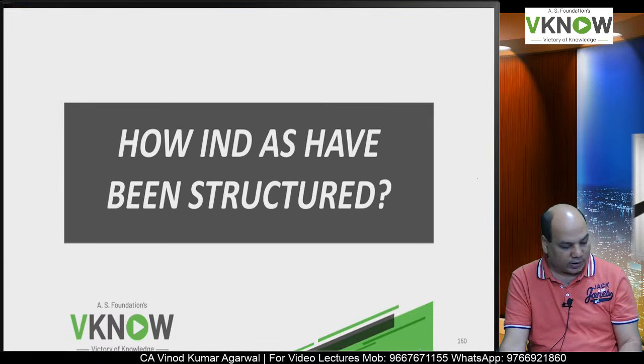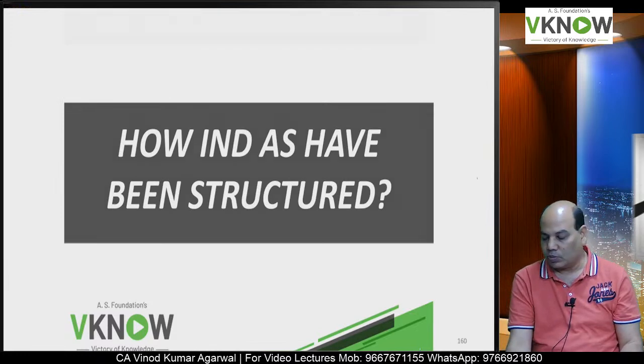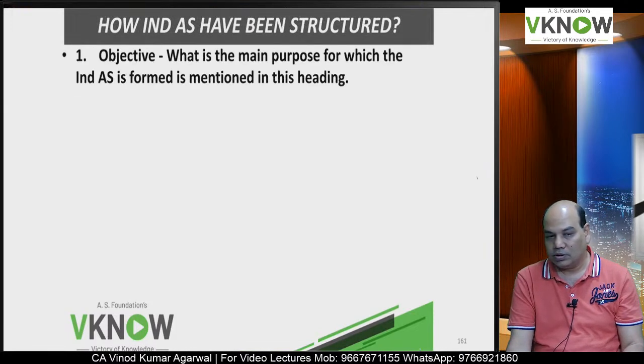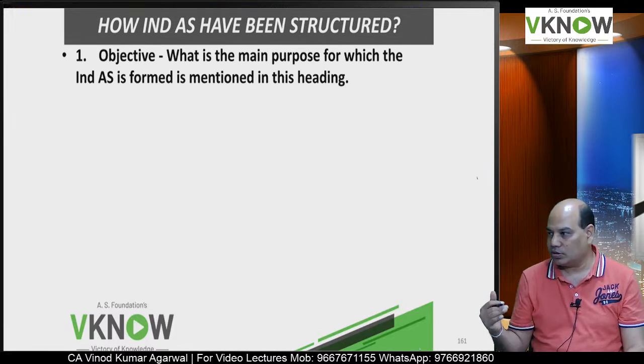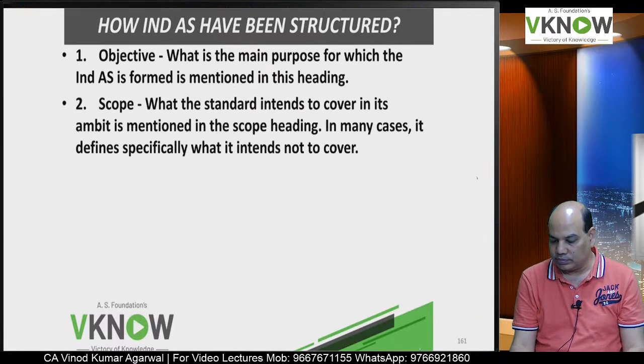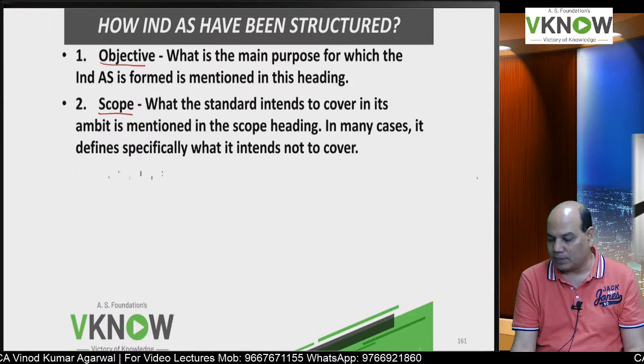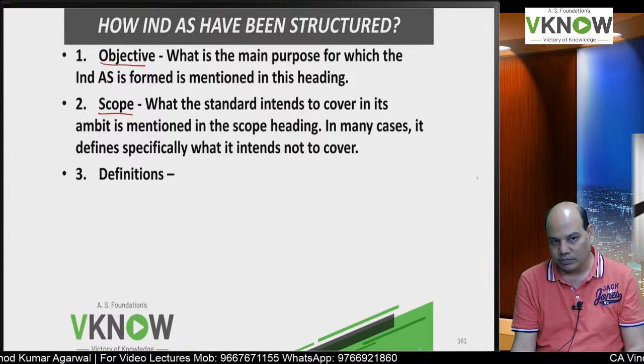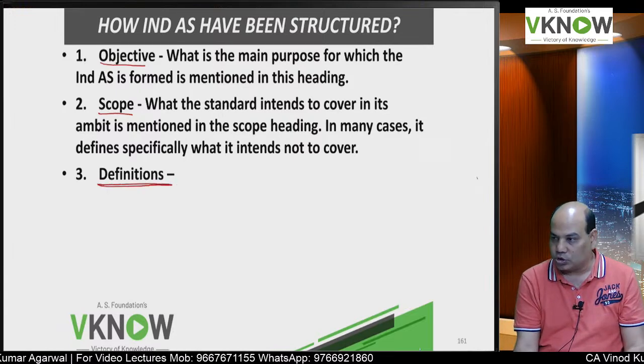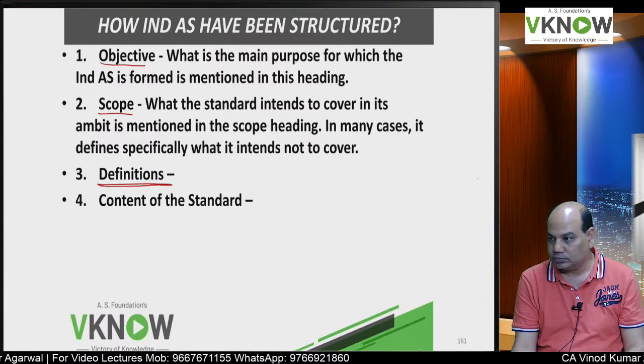Now, how have Ind AS been structured? Normally any standard will have the following sequence. First they will give the objective, then the scope of the standard, where it is applicable or not applicable. Then they will give the definitions of important terms.